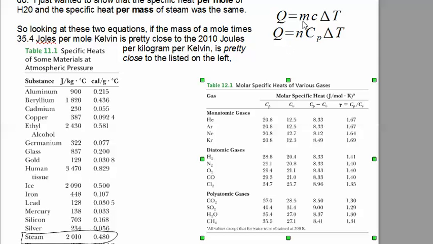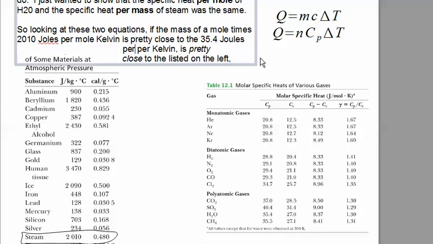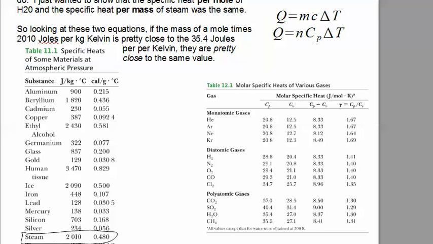So looking at these two equations, Q equals mc delta T and Q equals nC sub P delta T, if the mass of a mole times 2010 joules per kilogram Kelvin is pretty close to 35.4 joules per mole Kelvin, they are pretty close to the same value.